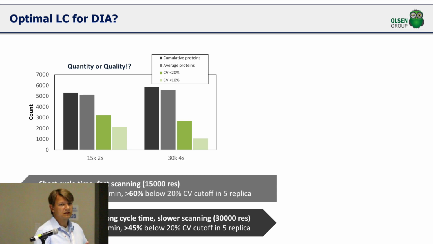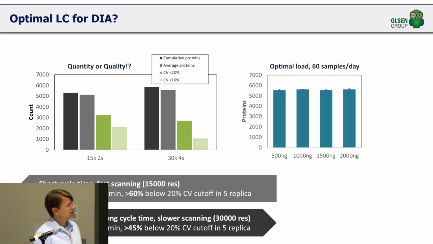But if you want to maximize the number of identifications, you need to have longer scan cycles, but that then usually ends up in having less precision in the quantitation. But generally, we see that the EvoSep system is totally on par with the EC-NLC system.